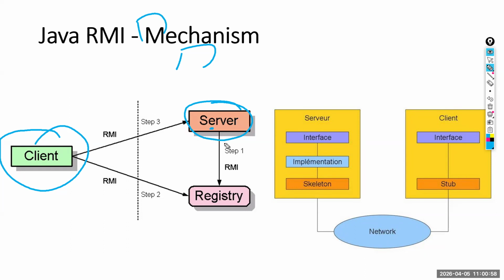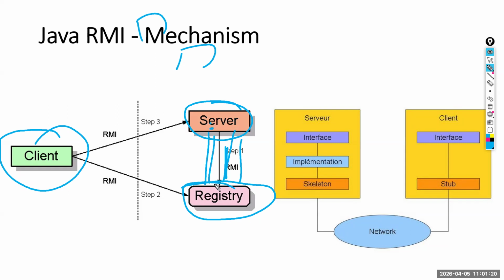The server can publish or expose remote procedures to what is called the Java RMI registry. The server publishes, saying, okay, I have a method which can be remotely called and I can respond.